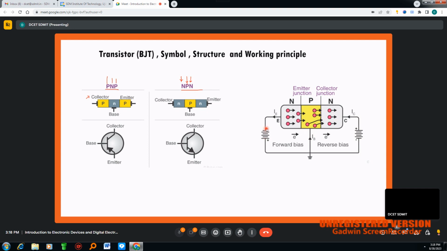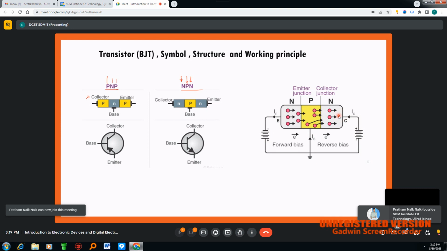Now here what happens? Negative connected to negative means the electrons will start to move; negative opposes the electrons, positive will attract the electrons. Negative connected to negative means opposition. That's why you can observe the electrons start moving this side. Now all the electrons will try to move from this end to this end.